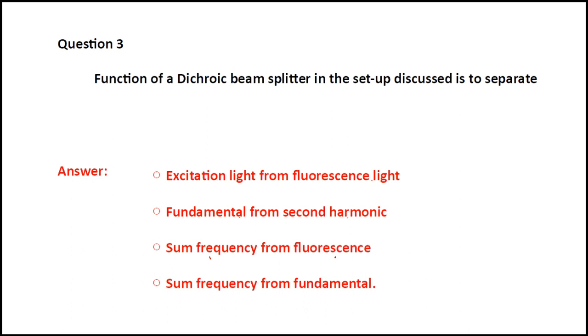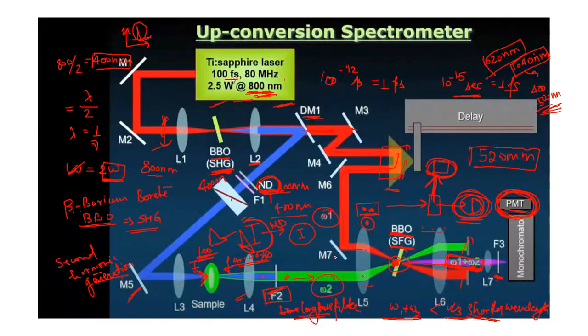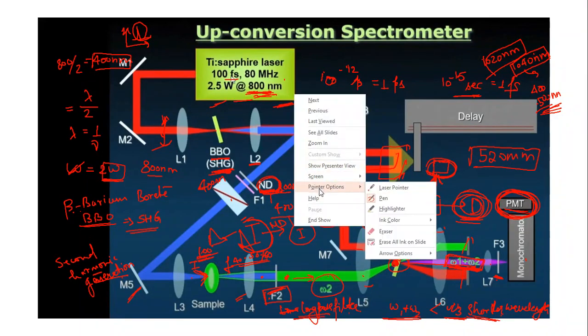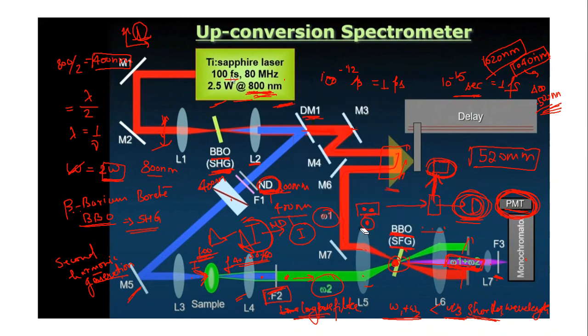see, first of all, this dichroic beam splitter is in this diagram. Let me clear this in this picture.